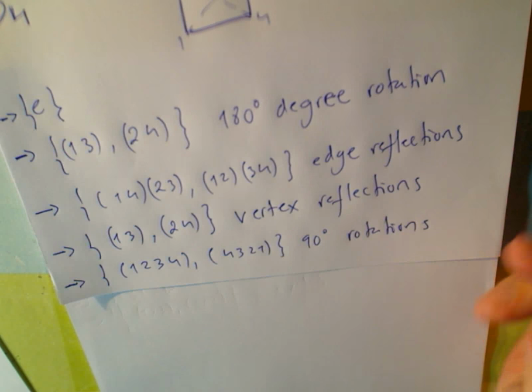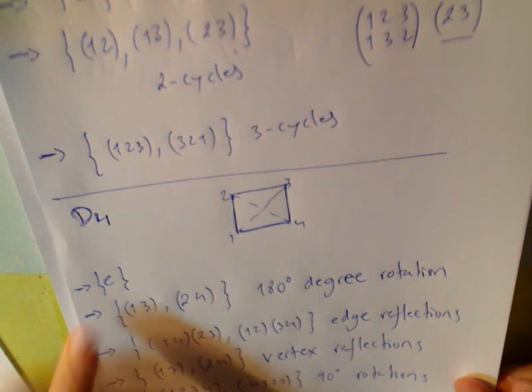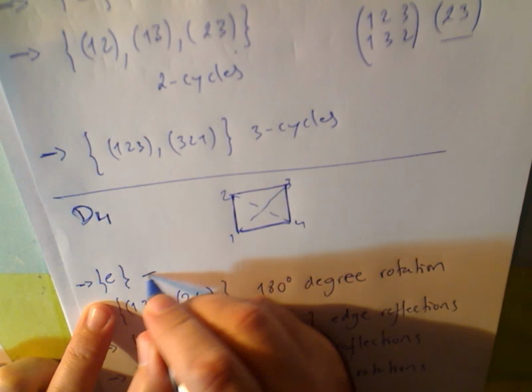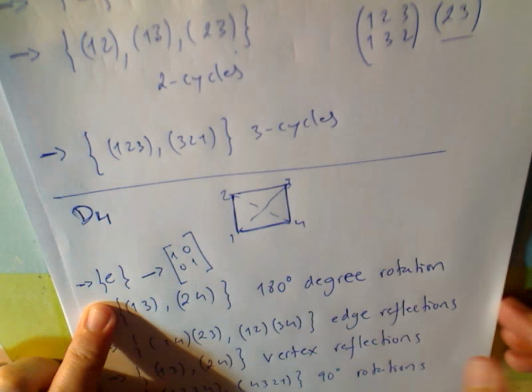We could write this in matrices. The identity in matrices is 1, 0, 0, 1. You can write this as matrices, and it's a good exercise.